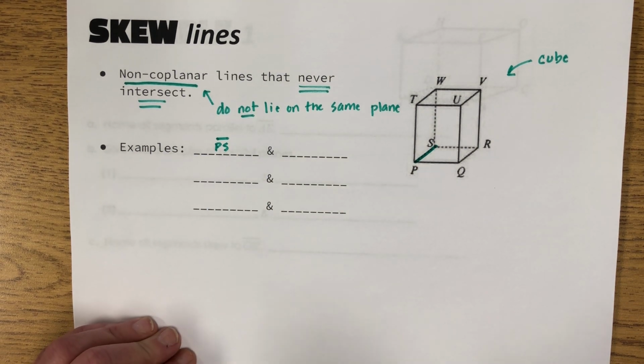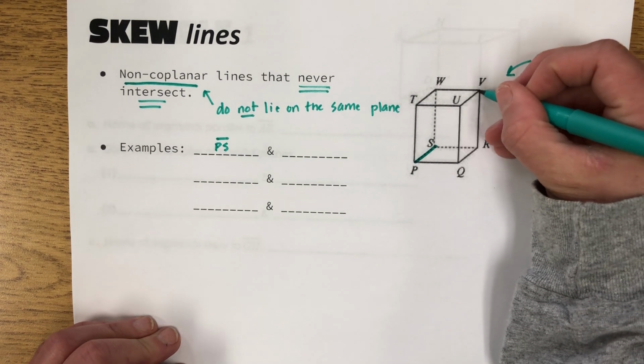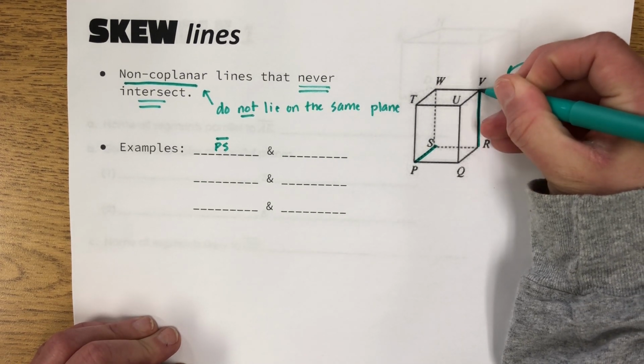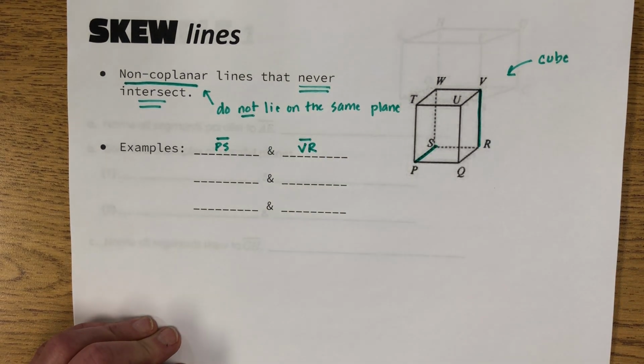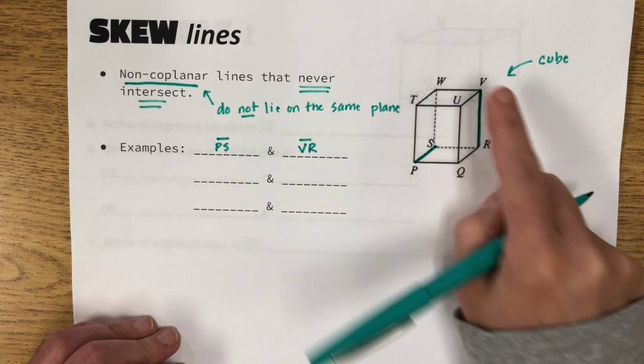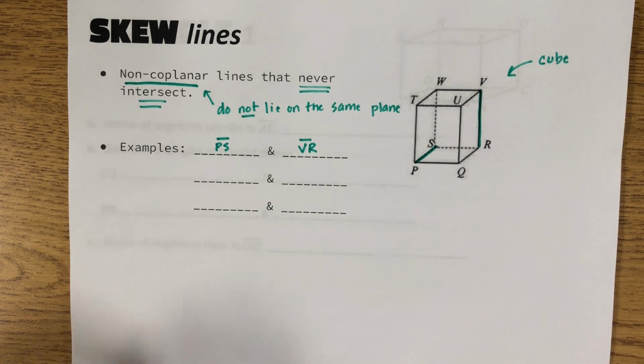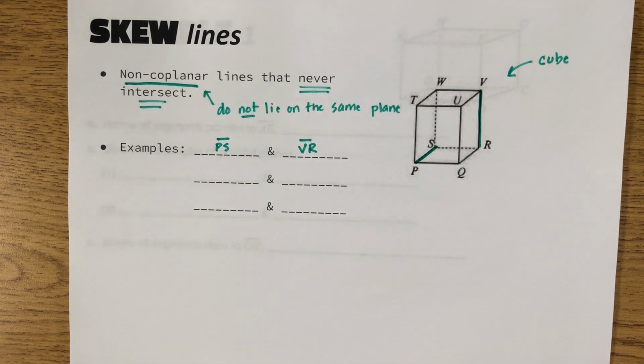A skew line could be a lot, but we're going to specifically say that PS would be skew with VR here. What you'll see is that PS and VR are not on the same plane and they will never intersect. Let's go ahead and look at another one.